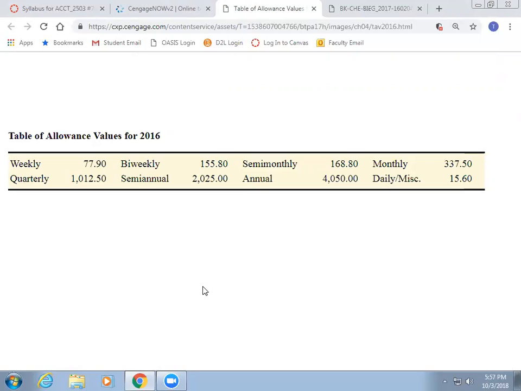Okay. Which is what? 77.9 times 2 is how much? 155.80. Thank you. Okay, so I calculate how much of an allowance they're given for their allowances. And then I'm going to subtract that from the 675. So 675 minus 155.80.